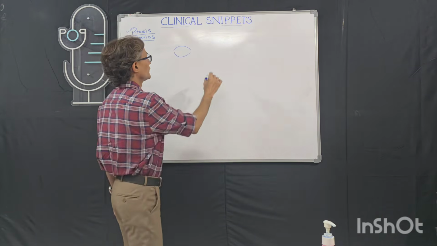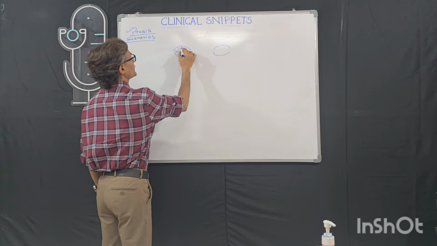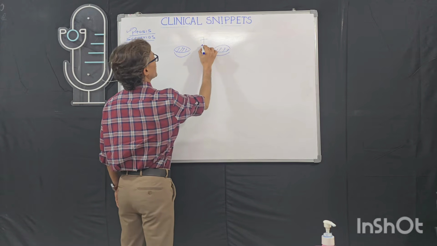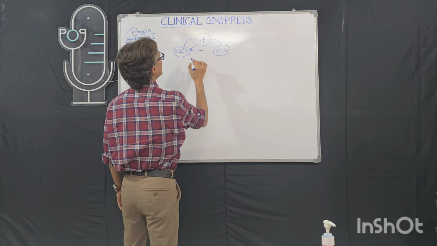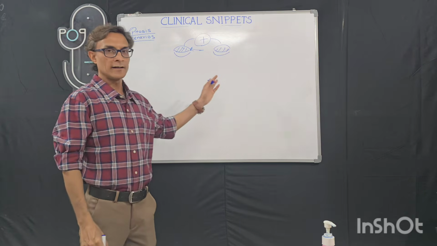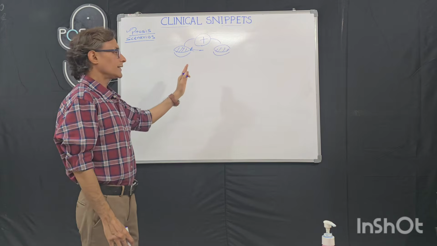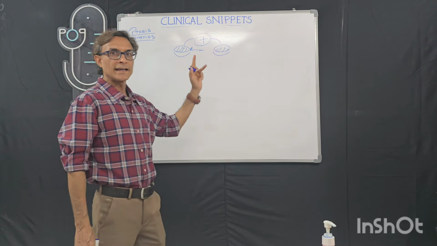Next scenario, patient with ptosis, may be unilateral, may be bilateral. Again here, the clinical scenario is a little bit like the earlier Horner syndrome type. But here the clinical history is important.